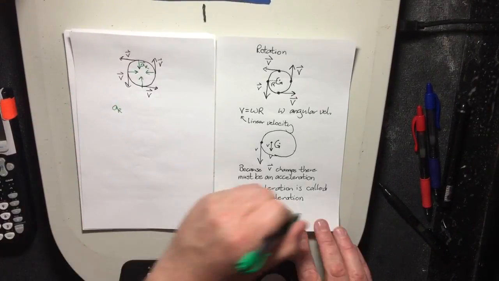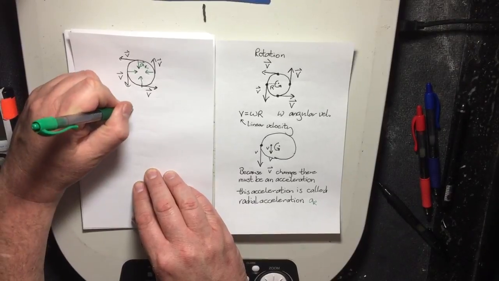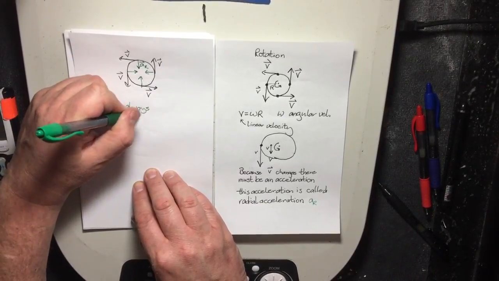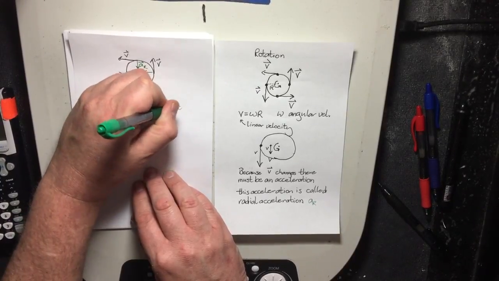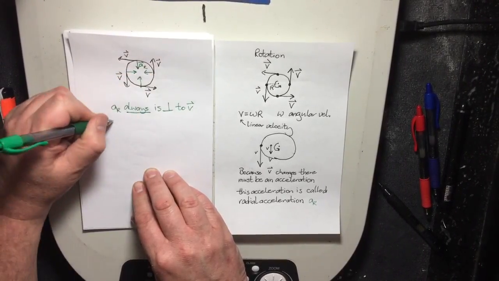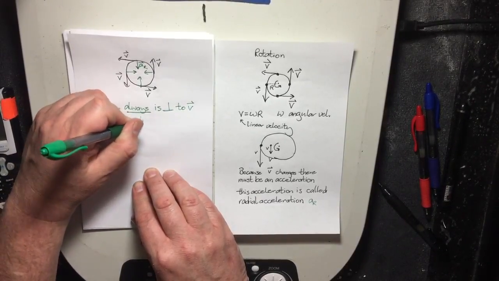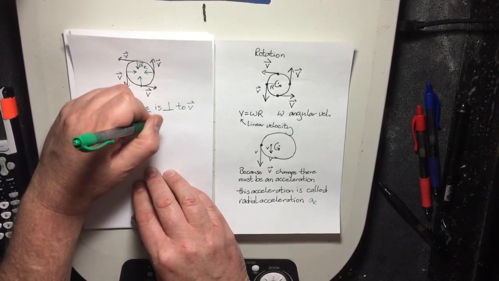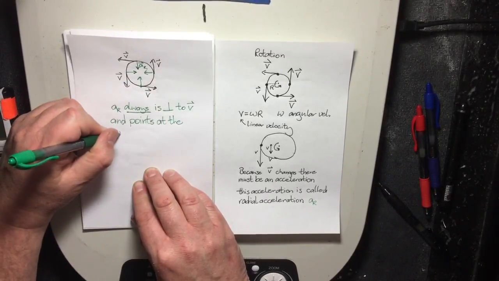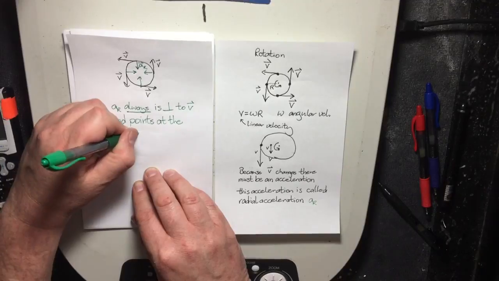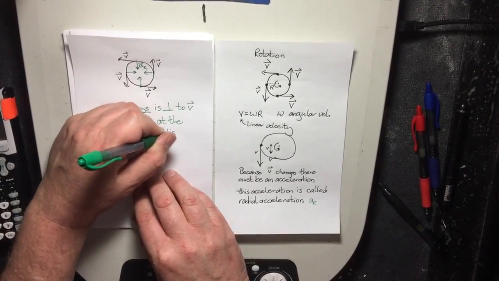A sub r always is perpendicular to v and points at the center of the disk.